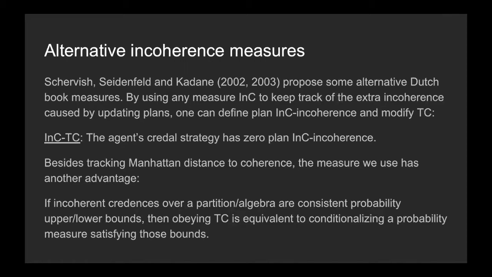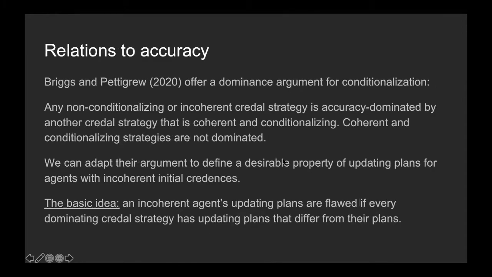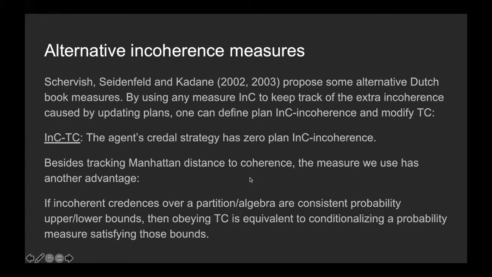And in principle, you could use any of these incoherence measures that they define to define a different version of tolerant conditionalization. So you would just say, okay, tolerant conditionalization for an alternative incoherence measure would then just say that the agent's credal strategy has 0 plan incoherence according to this other measure. We do like the measure that we picked. I can say a little bit more about that in the Q&A if people are interested.